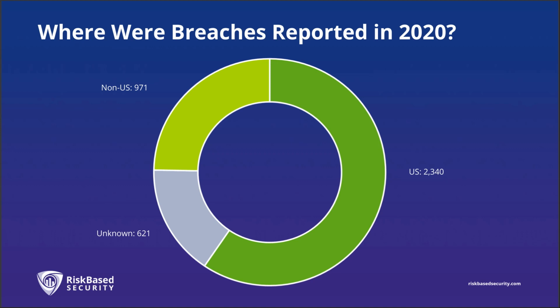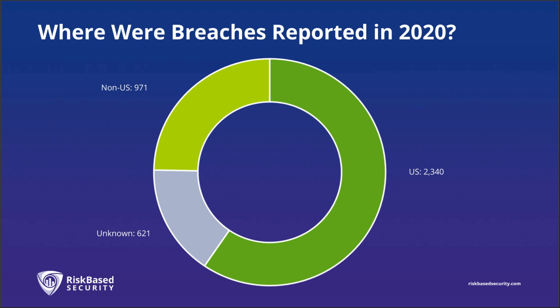So with that sad piece of news, we did want to pivot a little bit, of course, to spend a few minutes talking about where breaches occurred in 2020. We always want to include some geographic information in our reports, and did want to touch on it here in our session today as well.